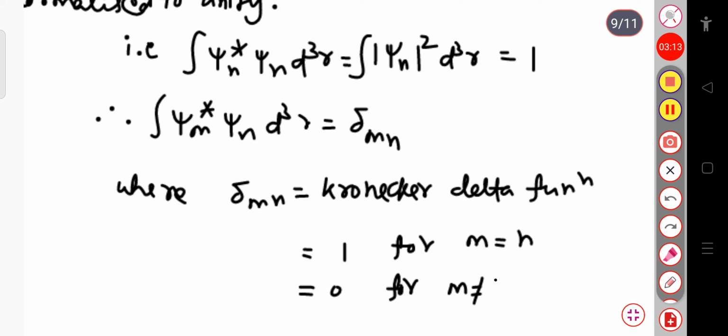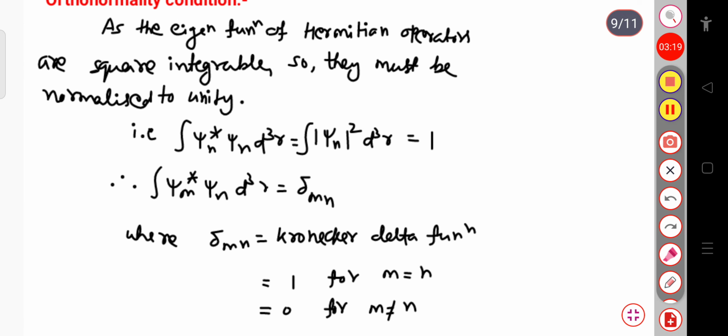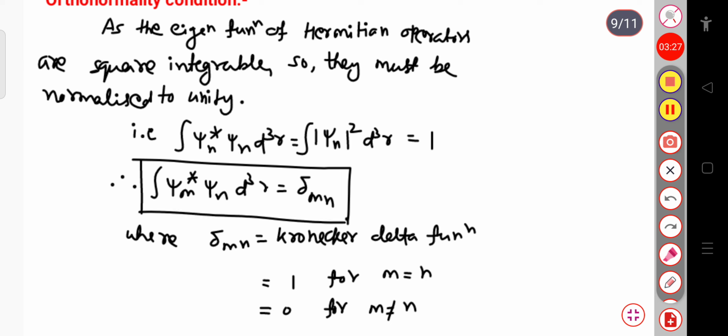So when a wave function psi n is multiplied with the complex conjugate psi m star and integrated over d tau, the value is delta mn, where delta represents the Kronecker delta function.